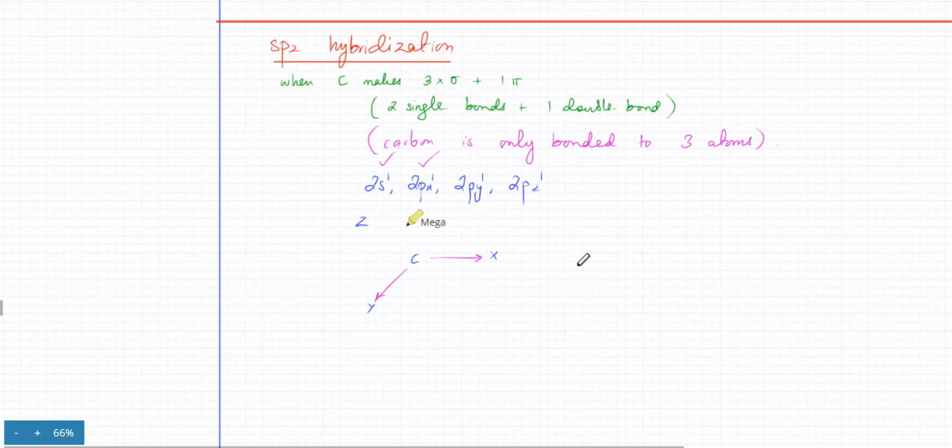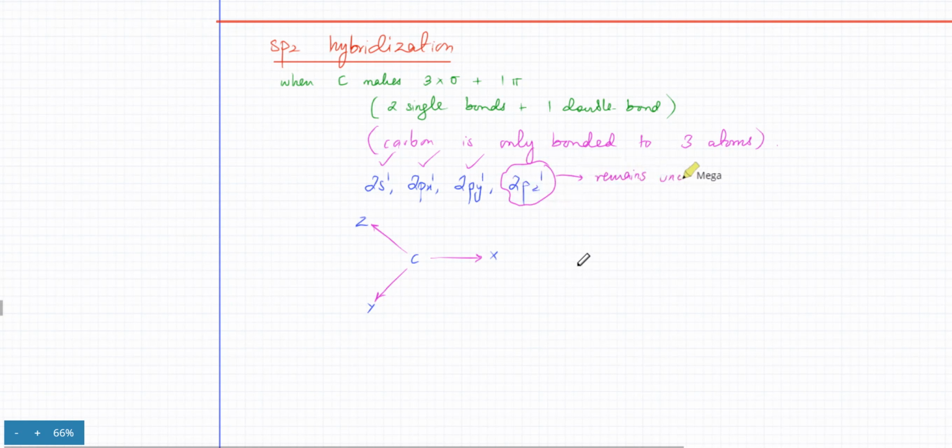Similarly, the third orbital also gets stretched in a different direction, towards Z. Now there are 3 orbitals that have changed shape. There is no fourth atom. If there is no fourth atom, that means the p orbital remains unchanged, right?